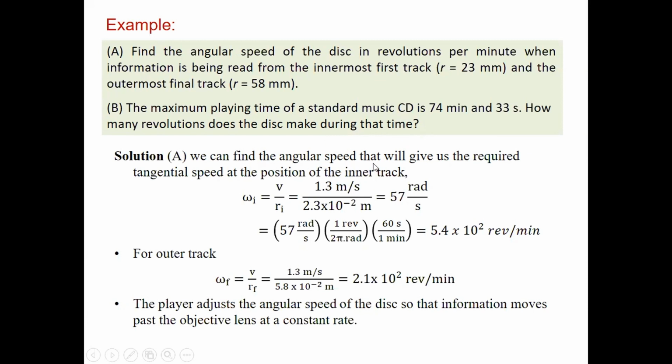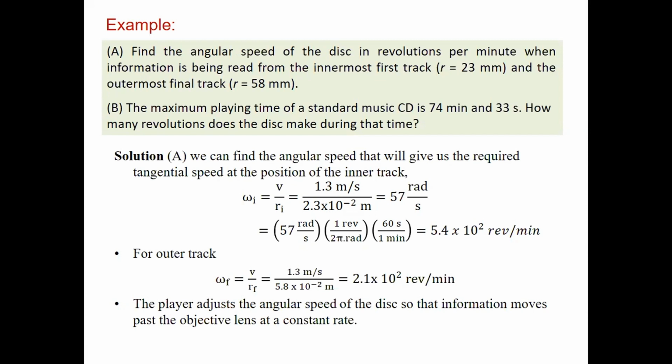We can find the angular speed that will give us the required tangential speed at the position of the inner tracks. The omega i, the initial speed, is velocity divided by r. Now, if r is equal to 23 millimeters, then omega is 1.3 divided by 2.3 times 10 to the power minus 2 meters.